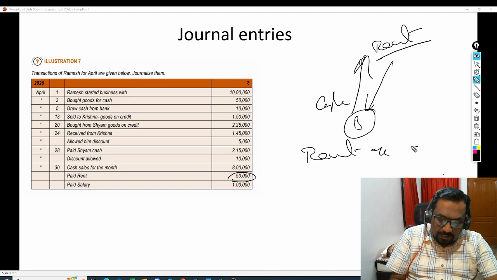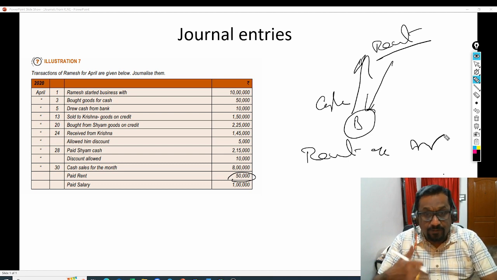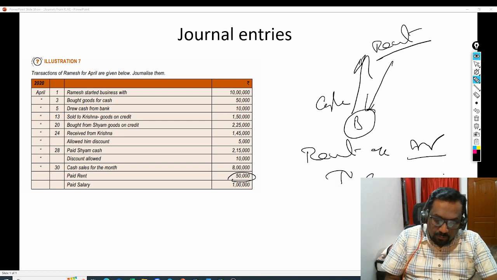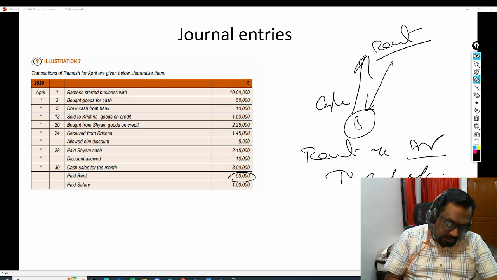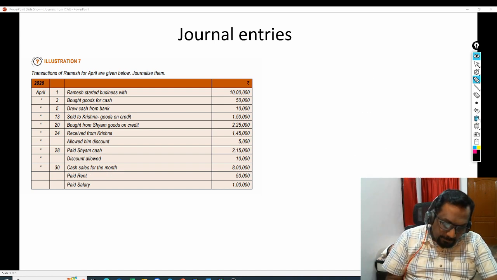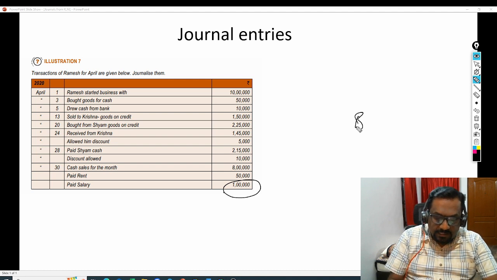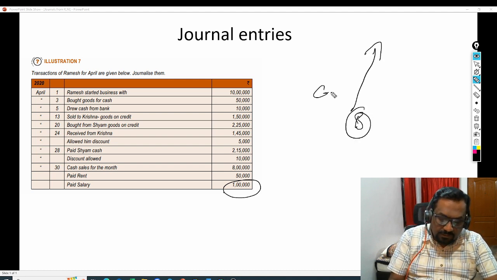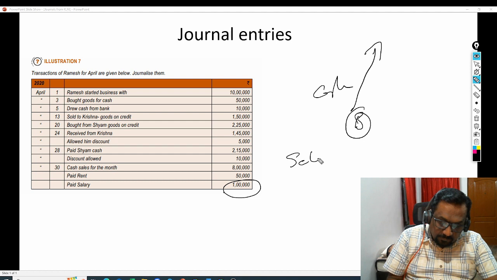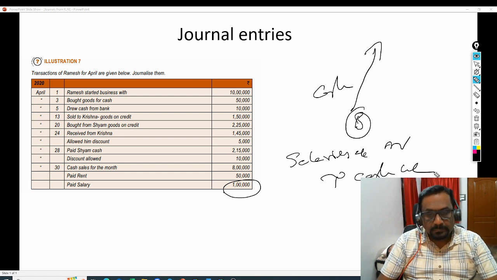So rent account debit, and cash is going out, so cash account credit. This should be the entry for rent. Similarly, paid salaries 1 lakh. Business paid salaries. That means cash goes out. Salary is an expenditure. All expenses and losses are to be debited. So salaries account debit to cash account. Simple.